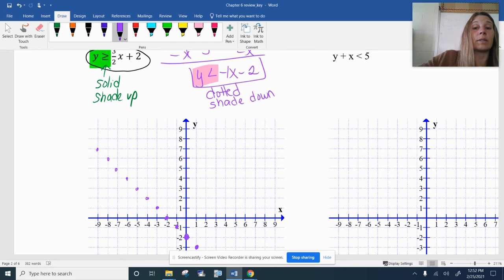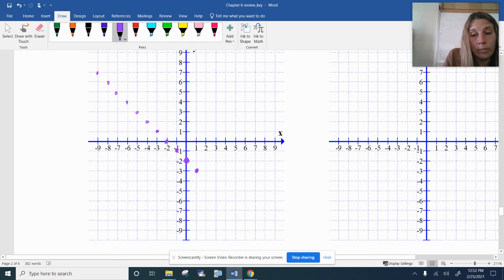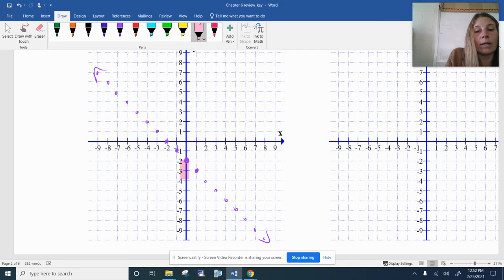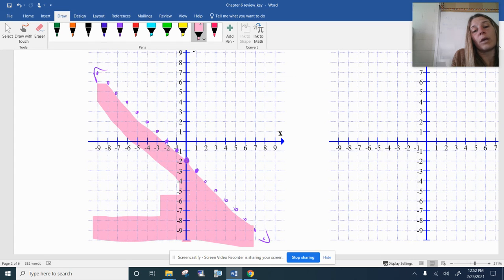And we said this one was dotted, and we're shading down. Now when we shade down, I find my y-intercept and I go down, and then I just finish filling in anything on that side of that boundary line.